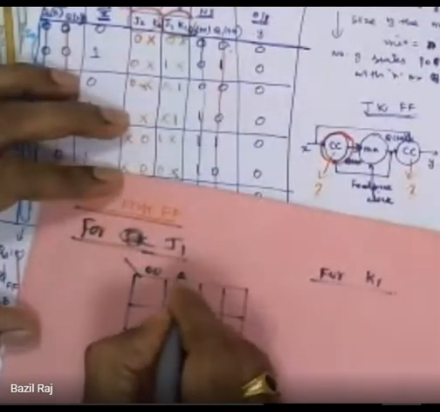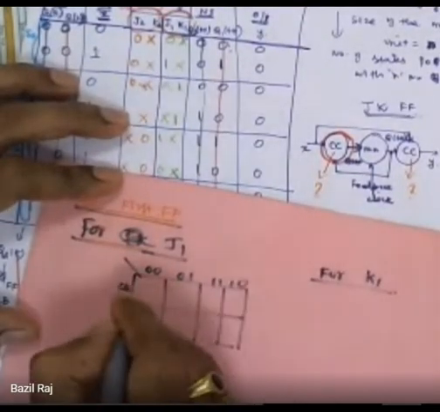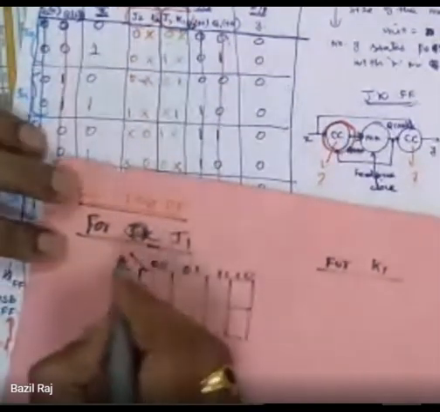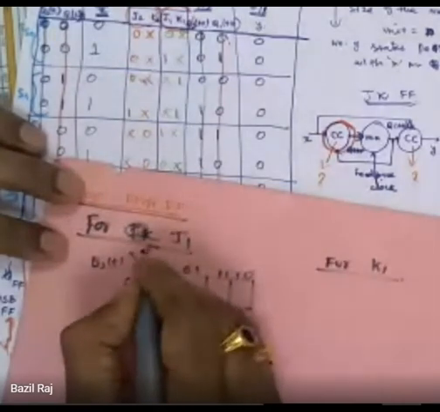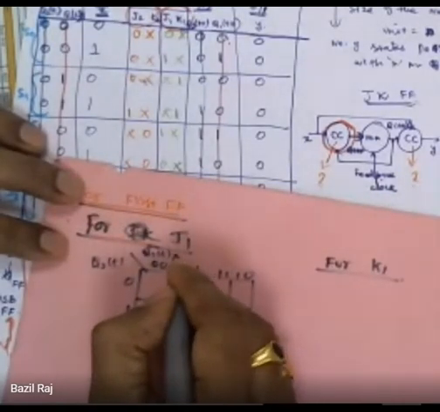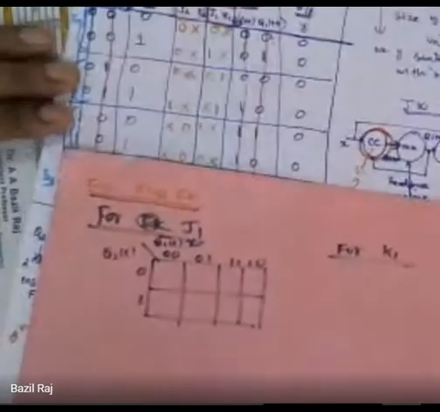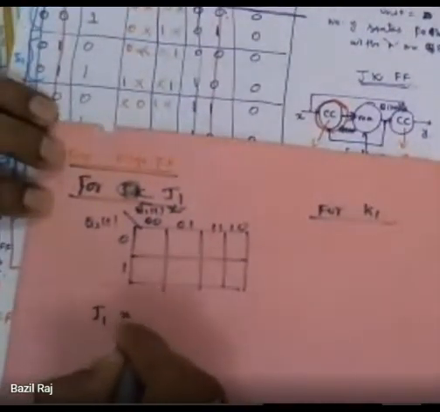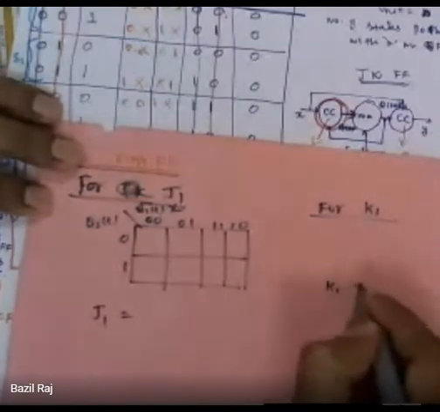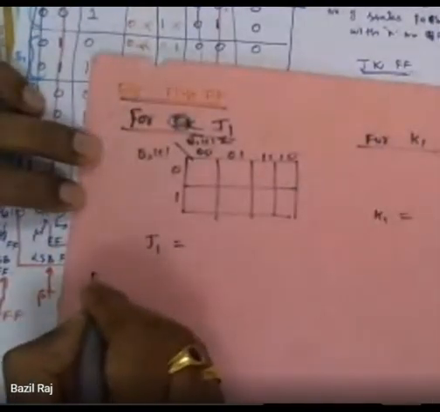Fill it up like that, and then tell me what J1 is equal to, what K1 is equal to, and then for the second flip-flop.